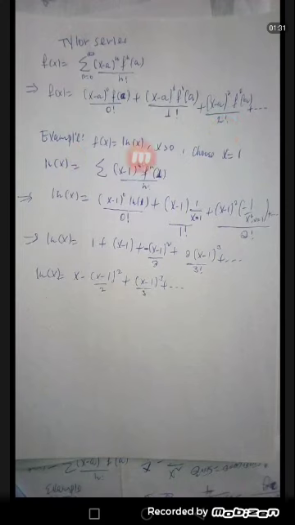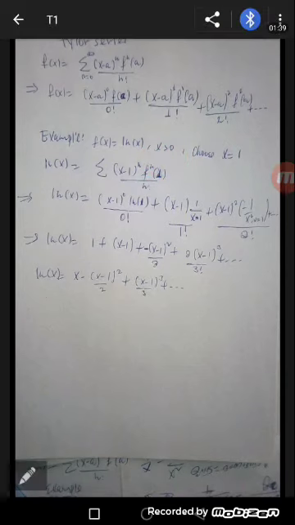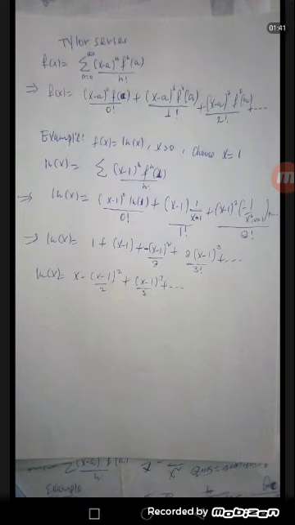Now we have to see some examples. Example: f of x is equal to ln x. You know, x must definitely be greater than 0. Our choice is a equal to 1. So ln x can be expressed as the sum of (x minus 1) to the power of n times the nth derivative of ln at 1 over n factorial.